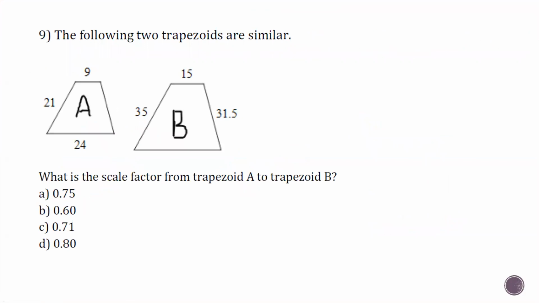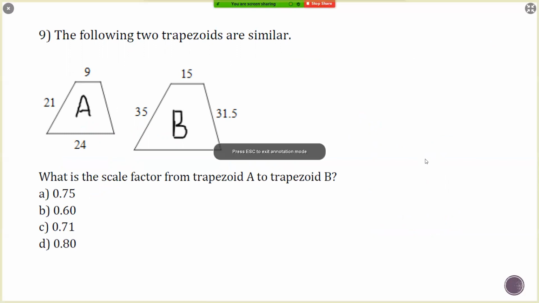Question 9, which of the following two trapezoids are similar? What is the scale factor from trapezoid A to trapezoid B? That means pick a side on trapezoid A. The 21. If I pick the 21, I have to pick the 35.